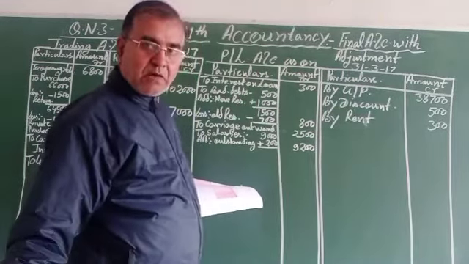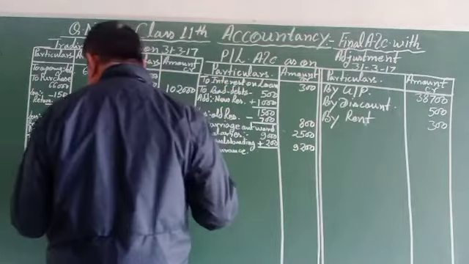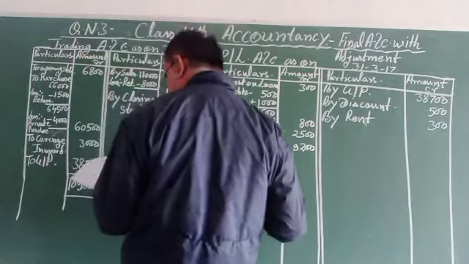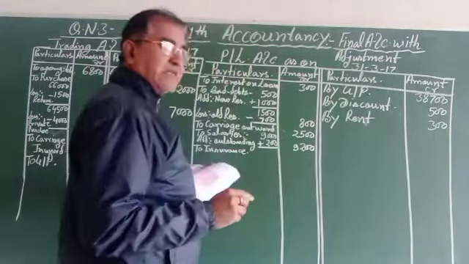To insurance, rent and insurance, additional information given 200 prepaid, means this one is the expense for the next year, so it will be deducted from insurance.